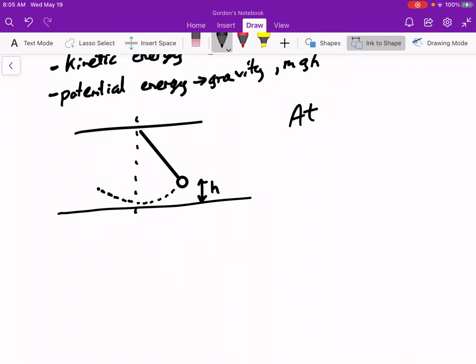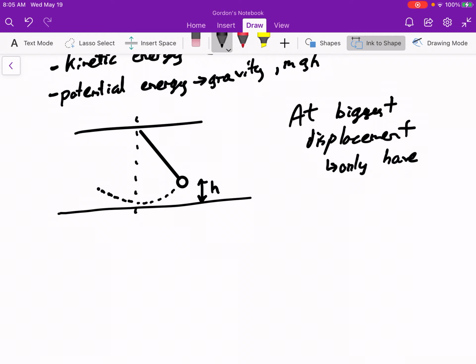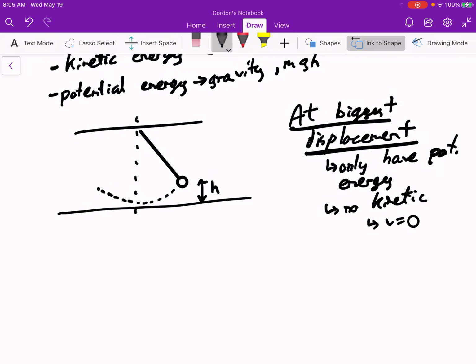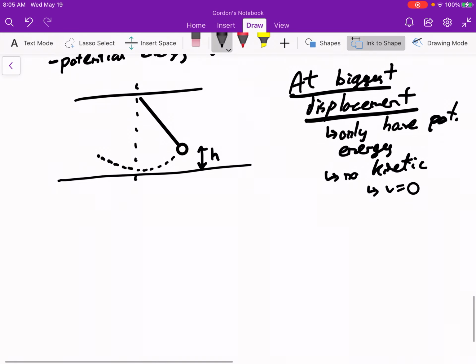At its biggest displacement, we only have potential energy and we have no kinetic energy. This is very similar to the last situation. Anytime we have no kinetic energy, v is 0. And this potential energy is, of course, just going to be mgh.